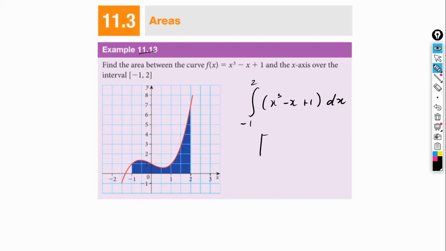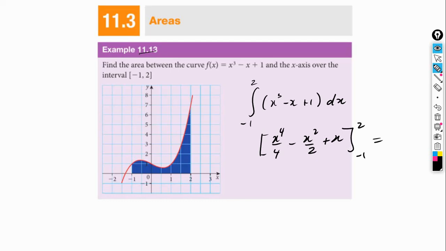So what we're going to get is x to the 4 over 4 minus x squared over 2, and then we have plus x, right? And then we integrate from -1 to 2, and that's just going to simply be plugging in the values, as we know.